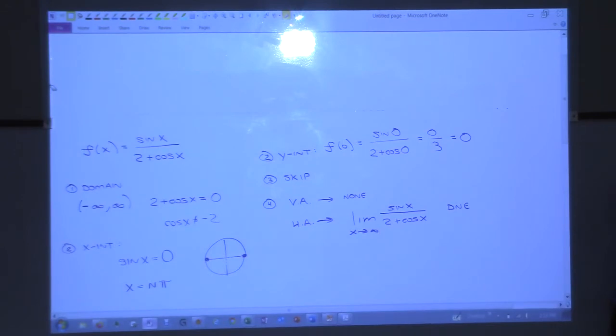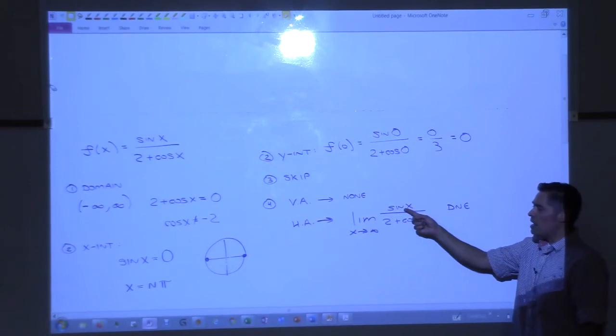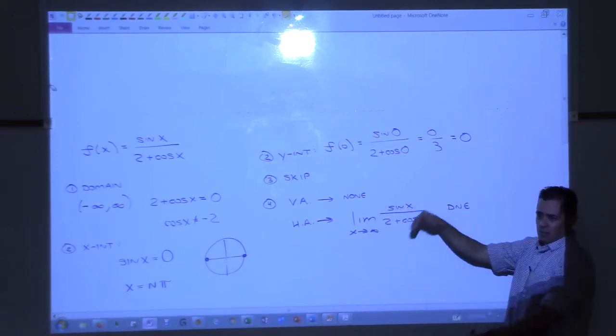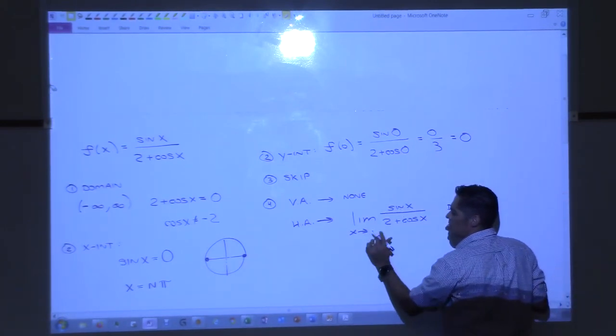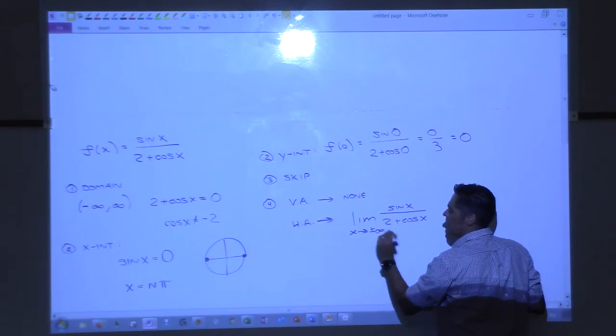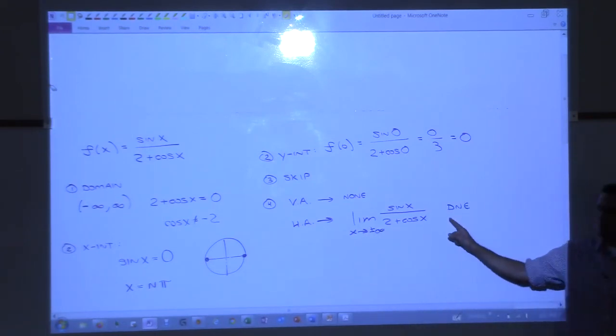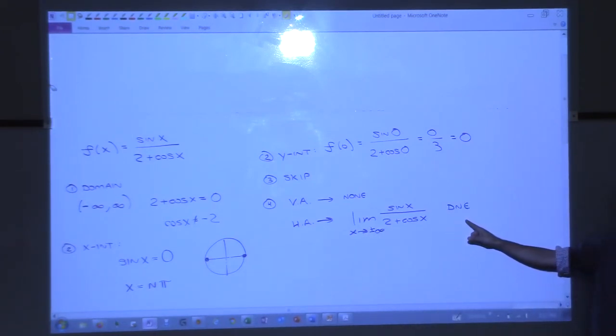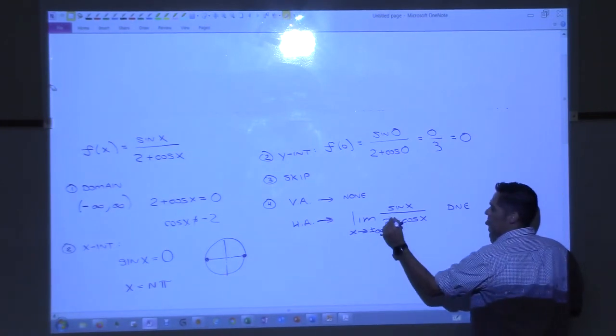And if we go to negative infinity, we get the same thing, because the sine function oscillates the same way as we go to the left. So I'm just going to change this to plus or minus infinity. We're getting the same result in both directions: the limit doesn't exist. Now, what if the denominator was not 2 plus cosine x?